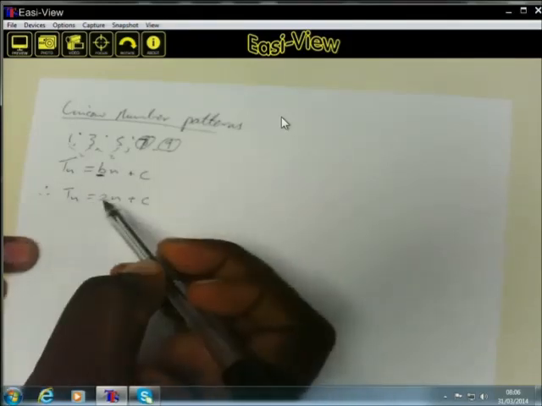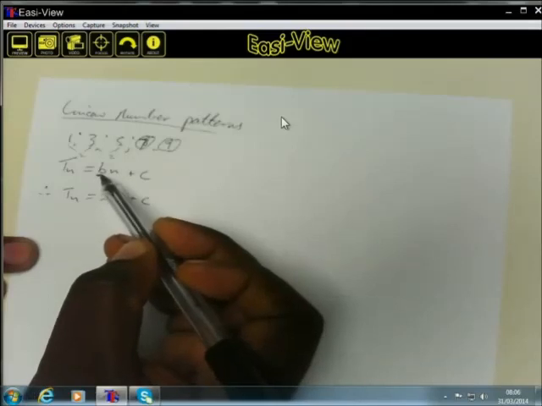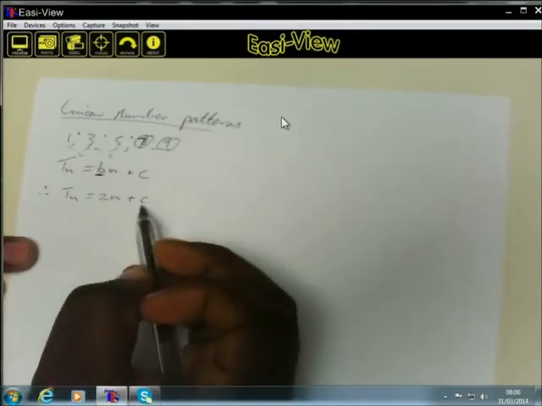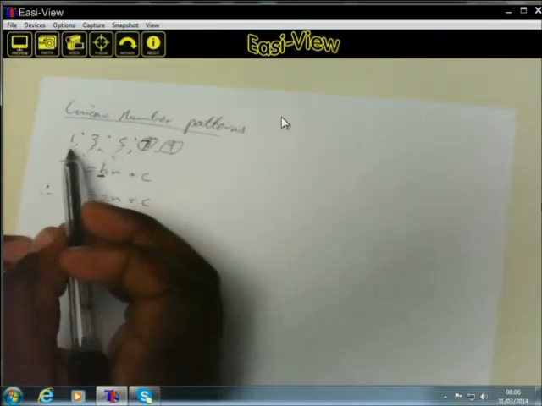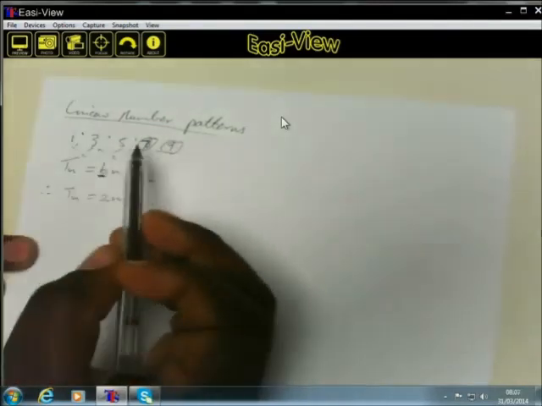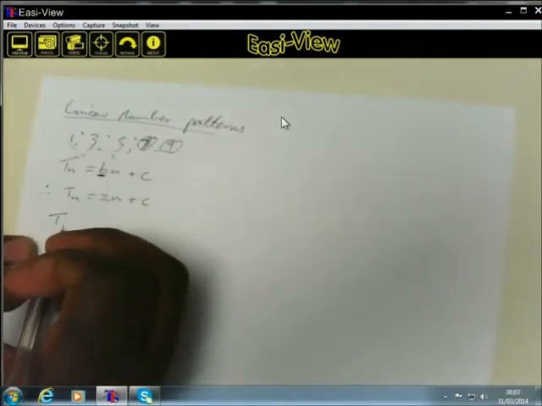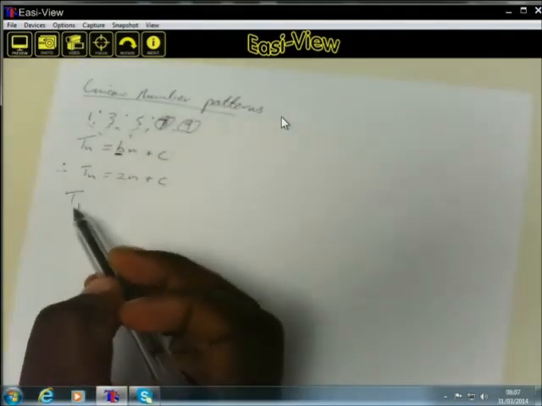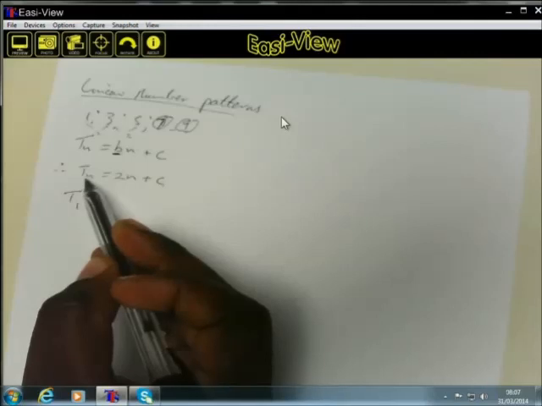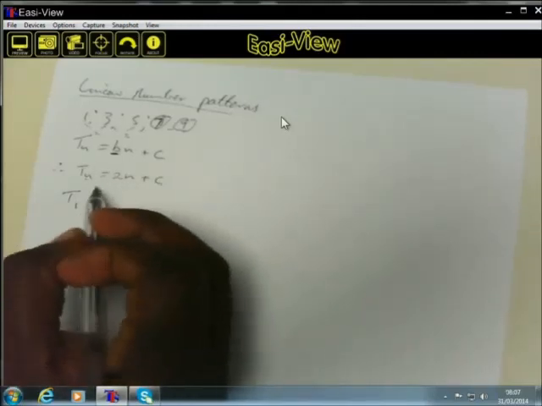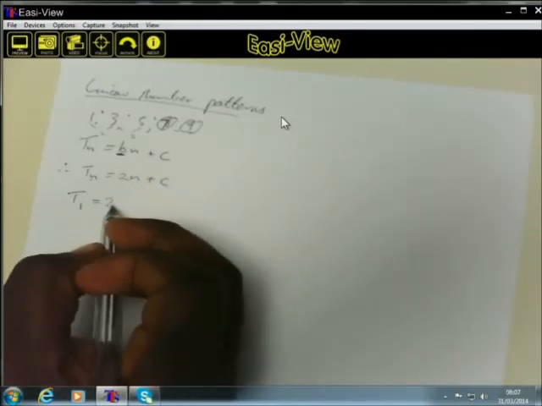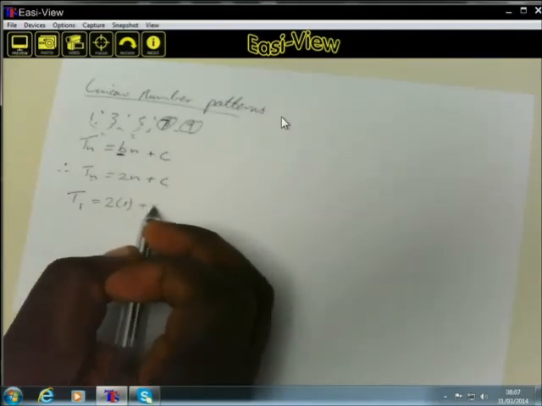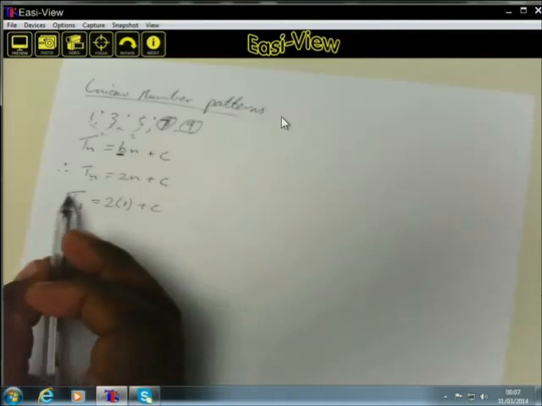Now, for us to find the value of c, we can choose any term that we like, preferably the first term. I have written 1 in the place of n, which means on the right hand side, I will have 2 into 1 plus c. But T1 means the first term.